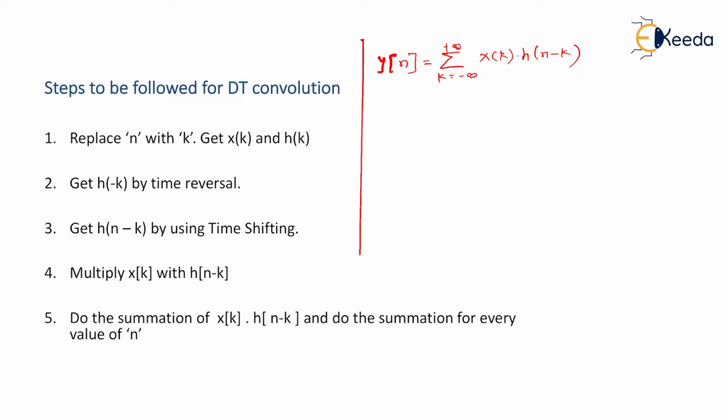So in most of the cases, the given things are x of n and h of n. And what is required? That is y of n. So y of n is a question mark for us. And if you want to get y of n, then you have to refer this formula.